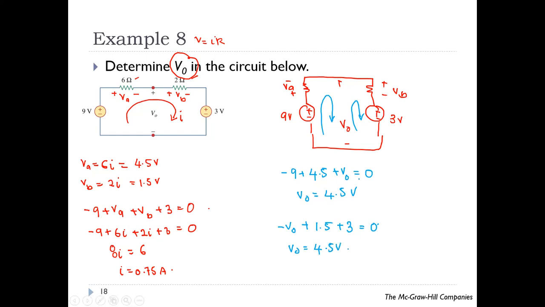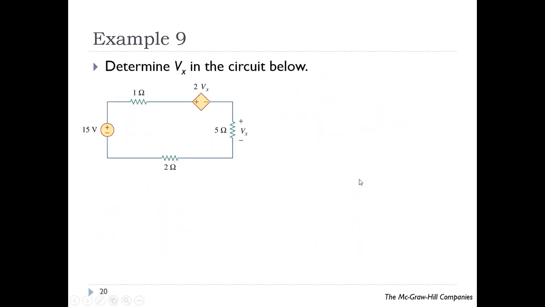Okay, and for example 9, in the circuit you are given an independent source and a dependent source, and this dependent source, the variable here depends on this 5 ohm resistor label here.